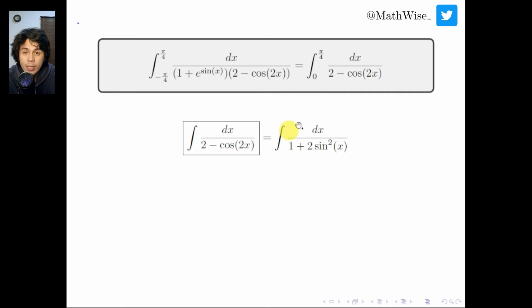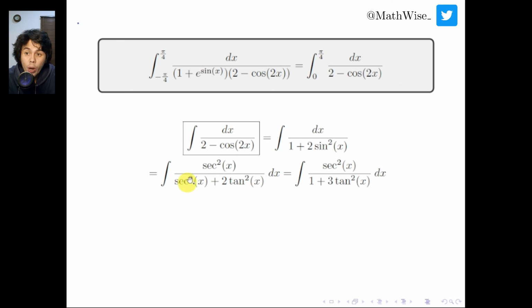Then I divide both the numerator and the denominator by cosine squared, so this becomes tangent squared of x, and this is secant squared, and this is secant squared. Then using another trigonometric identity, secant squared is equal to 1 plus tangent squared, so I get this form right here.